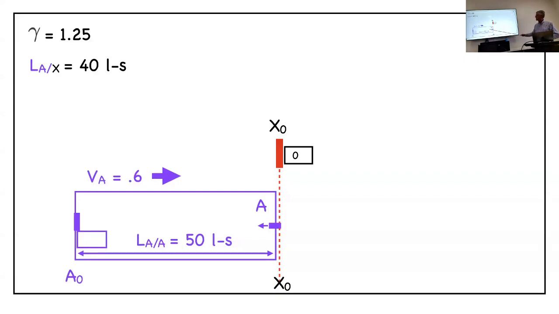So here we are, this is event number one. Event number one is when this red laser hits this sensor, triggering the purple laser beam to go back to A naught.